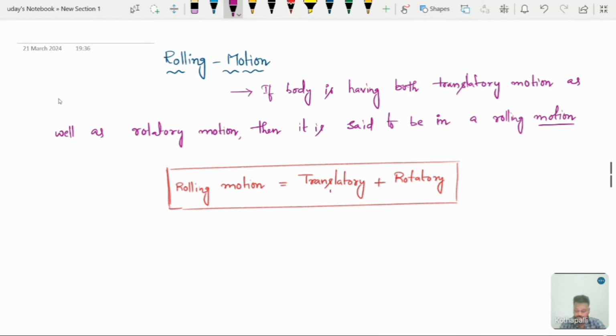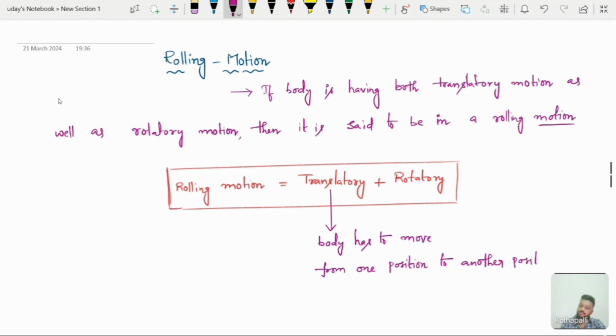Translatory means what? Body has to move from one position to another position. I mean, just like linear motion.